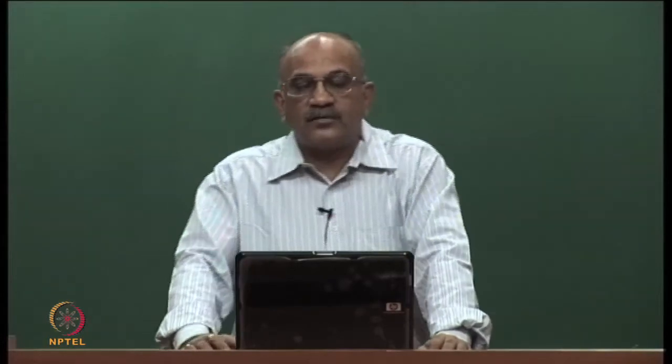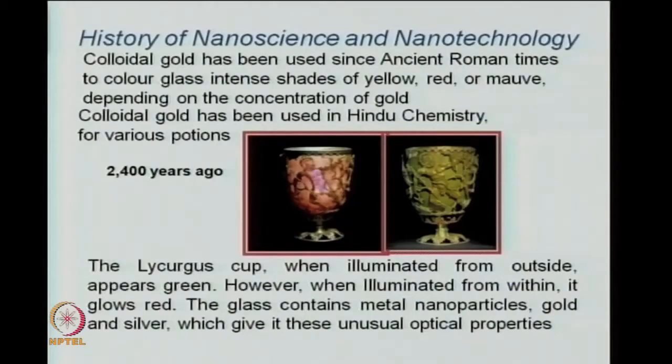Now, to give you a brief history of nanoscience and nanotechnology, nanoscience was known for a long time without any understanding. People have been making small particles which today we know were actually of the size of few nanometers.